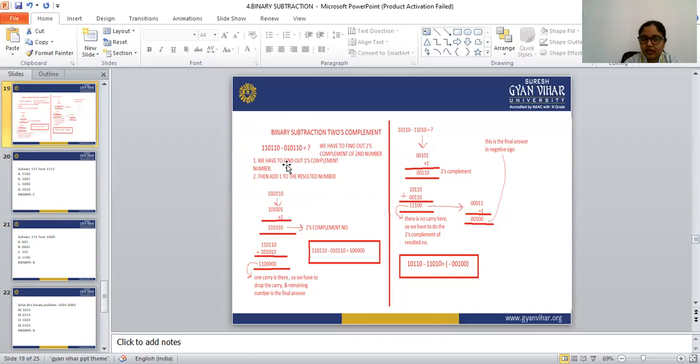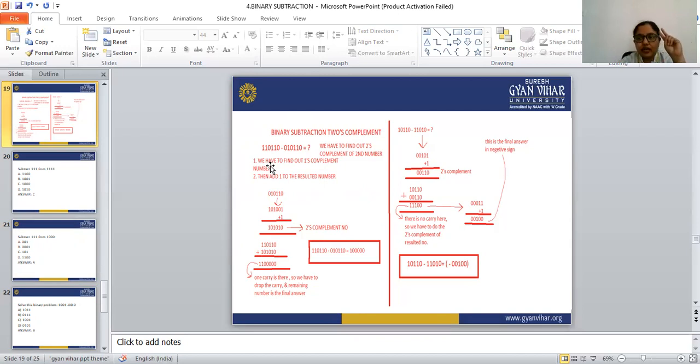We have to find out the ones complement number first. After that, we have to add 1 to the ones complement number, so we will get the twos complement number. That is the method when we have to convert into the twos complement number.